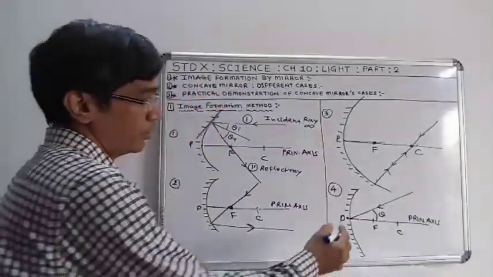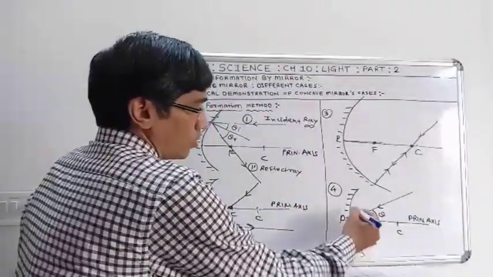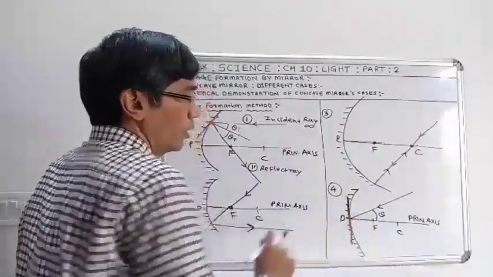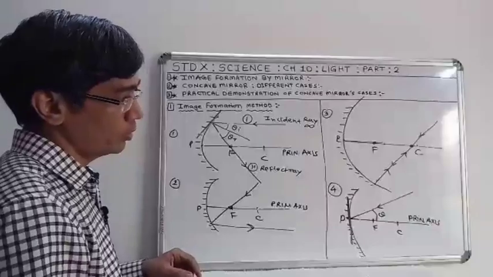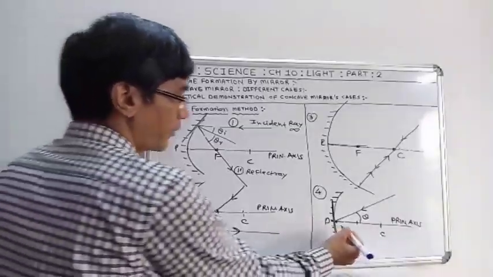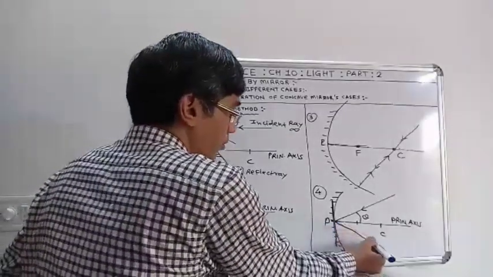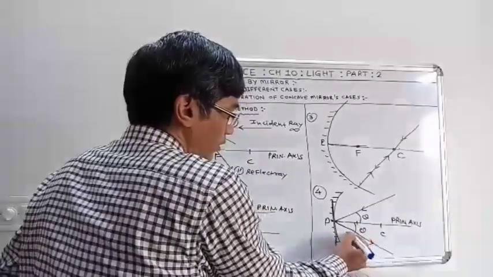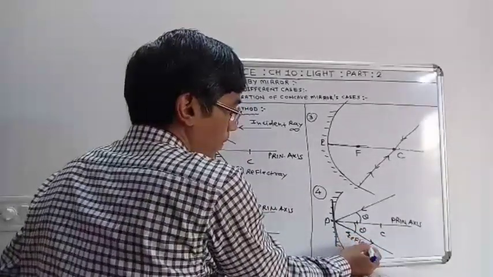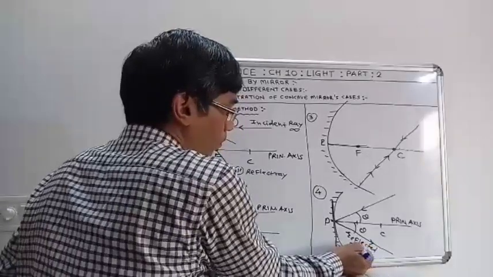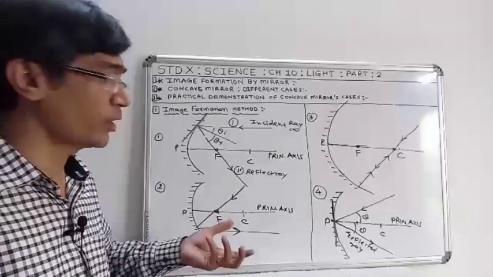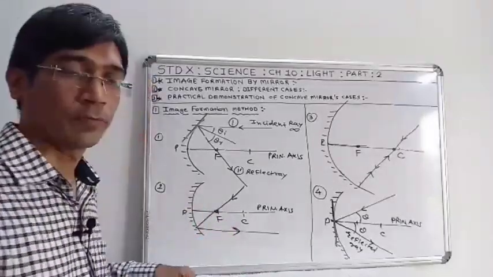After incidence it is reflected; if you draw the normal, it uses the reflection rule and reflects from the point P making the same angle theta. So this is the reflected ray. In this case also the law of reflection is followed.